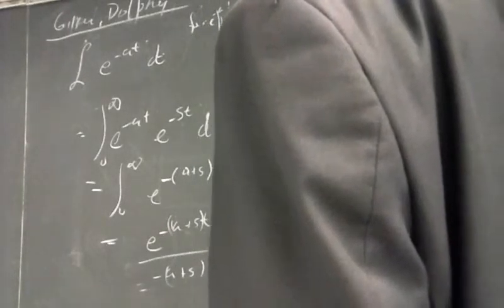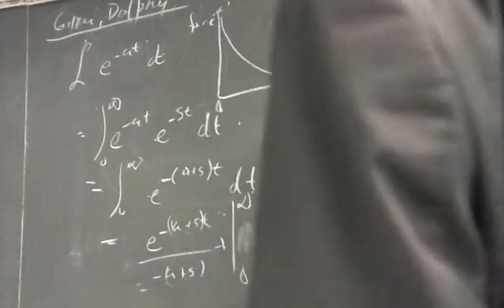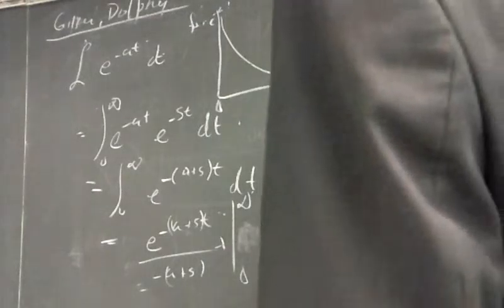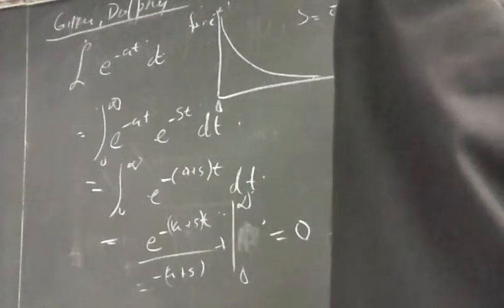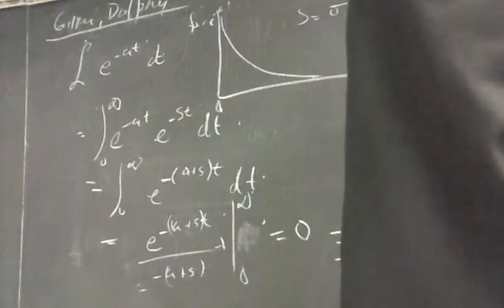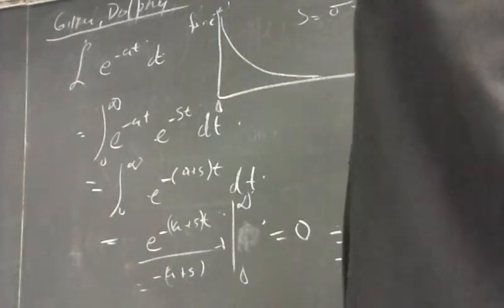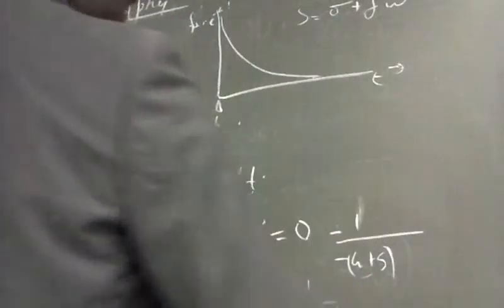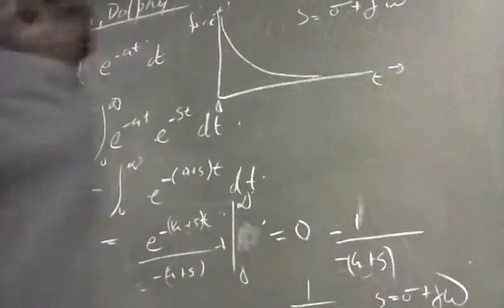So we have minus 1 upon minus (a plus s), and that's equal to 1 over a plus s, where s is equal to sigma plus j omega.